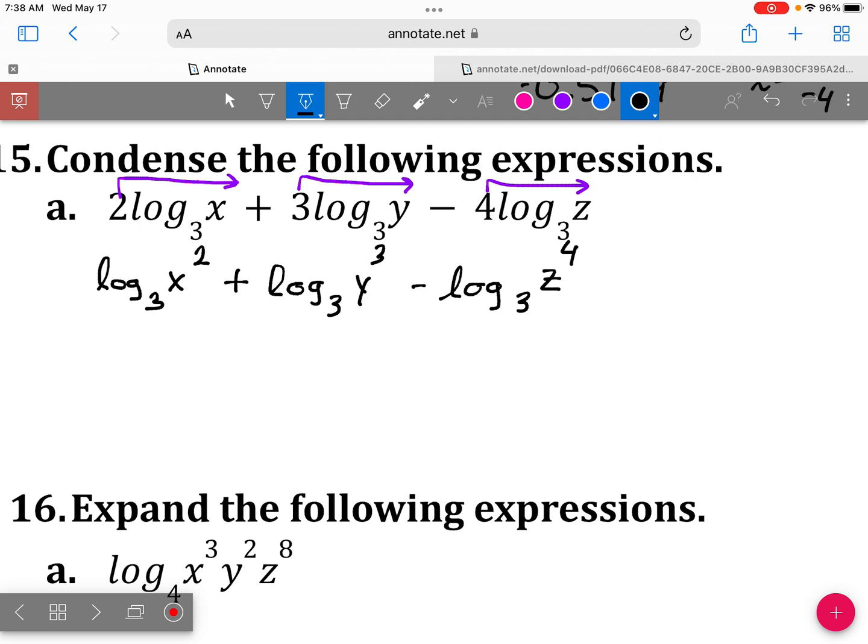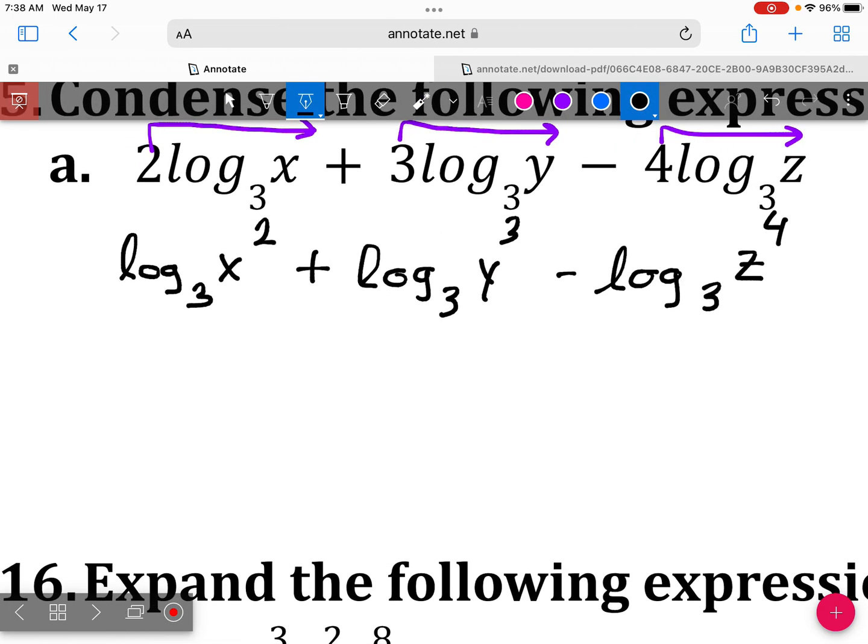So then we're going to do our subtraction becomes division. We're going to take these guys, and our two arguments are going to divide. This first guy's not involved in the process right now, so he's just going to drop on down. Log base 3 of x squared plus, and the whole point of this is to make us write log fewer times.